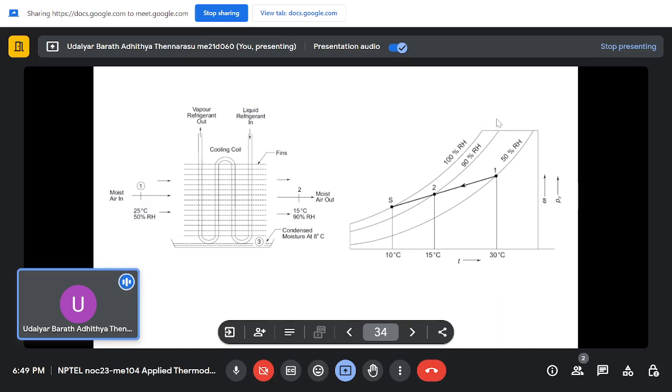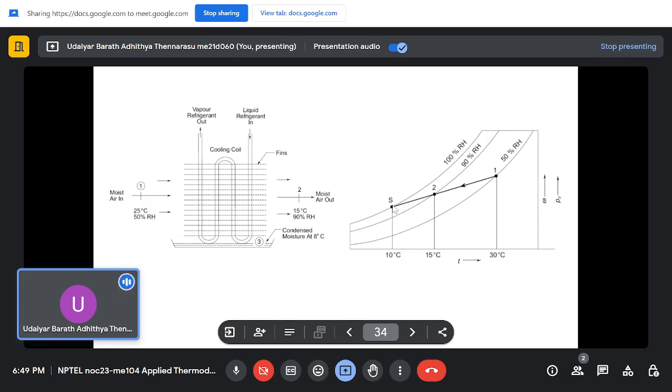Similarly, on the psychometric chart, you can plot 25 degrees Celsius and 50% RH, and similarly 15 degrees Celsius and 90% RH. You can join that line, and if you extend that line, it will meet the saturation curve.